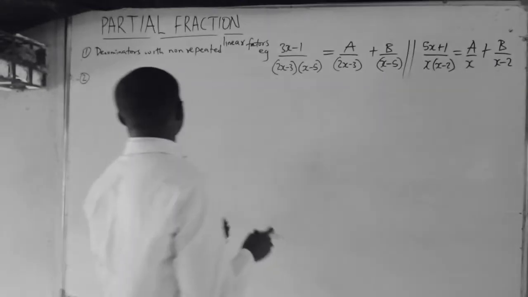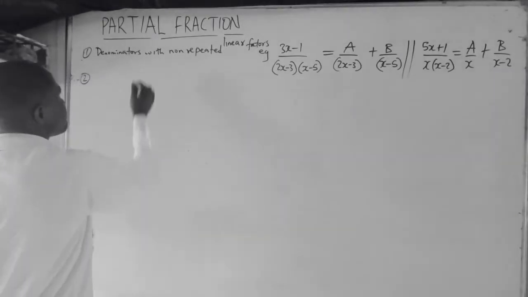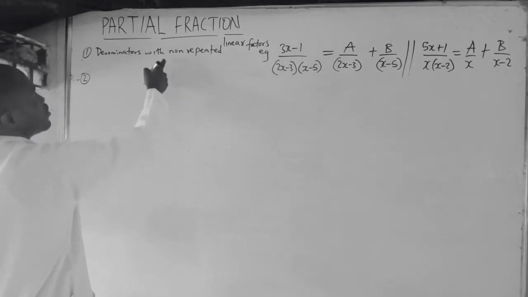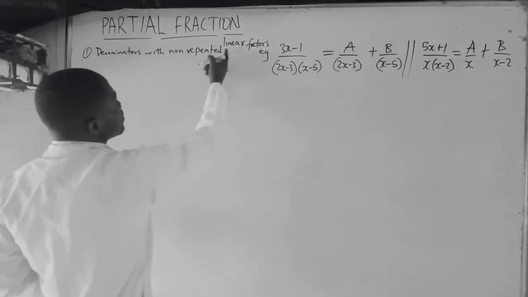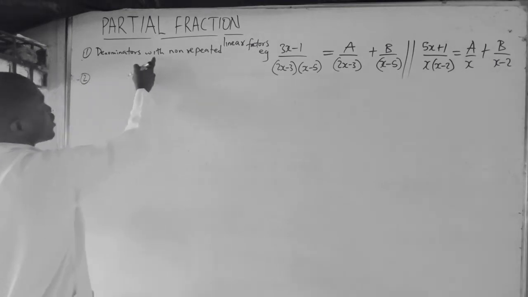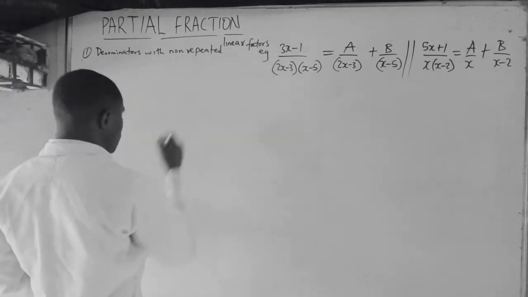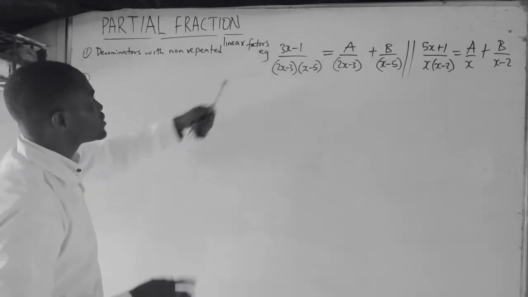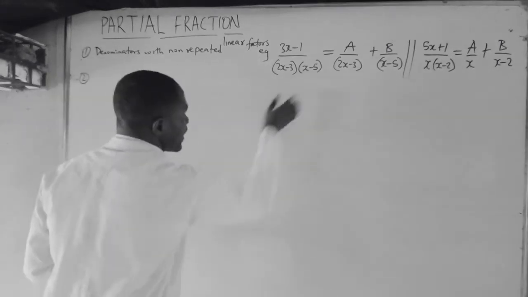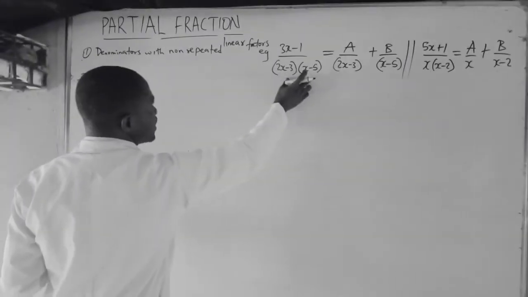These are partial fractions with denominators that are non-repeated, or denominators with non-repeated linear factors. This is how it looks like. Now, remember the letters we put here can be changed, so they are not constant.